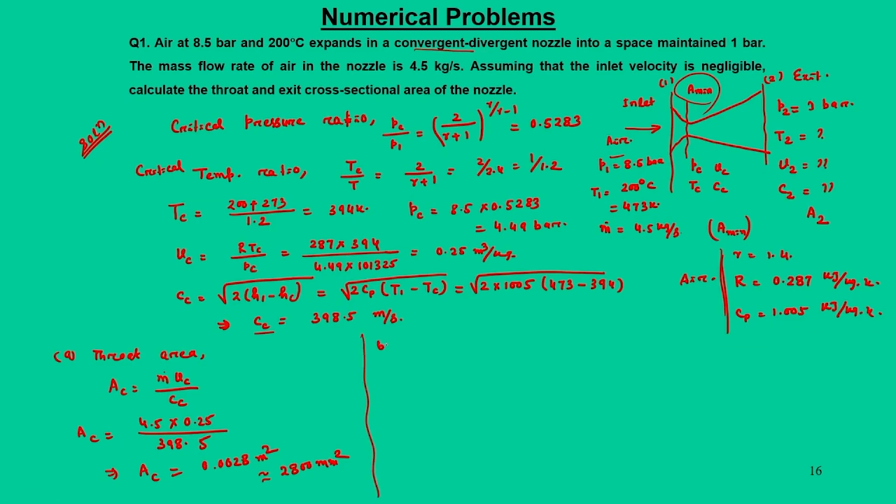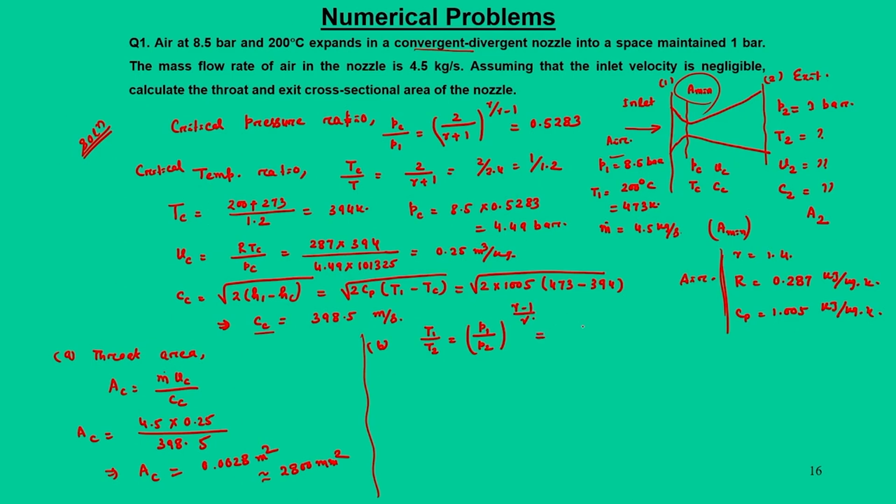Then for the exit area, we know the inlet conditions. In the same way, since the process can be treated as isentropic, we can say T1 by T2 is equal to (P1 by P2) to the power (gamma minus 1) by gamma. All the information is given.